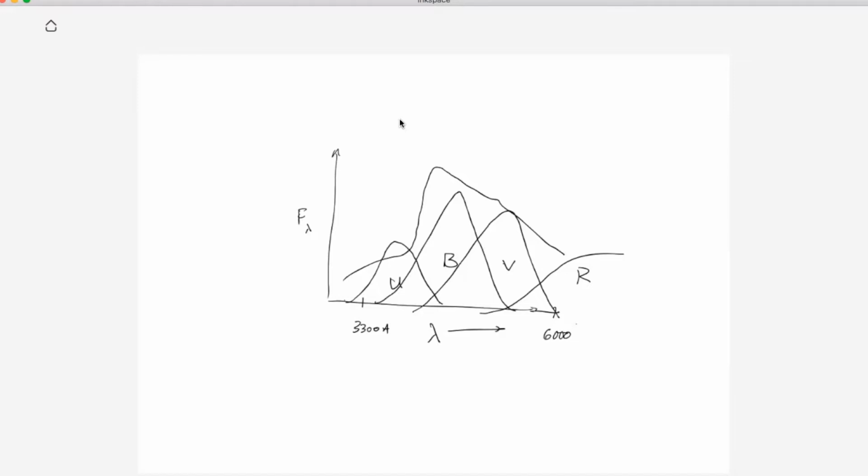So when we're talking about observing a spectrum, let's use the example of a star. We're not only looking at, say, the stellar surface, but we're also looking at everything that lies above that.